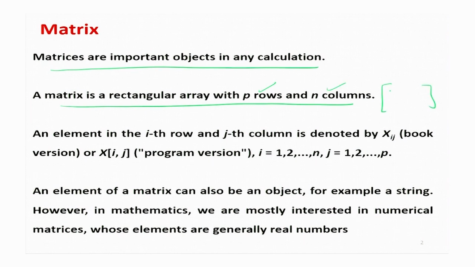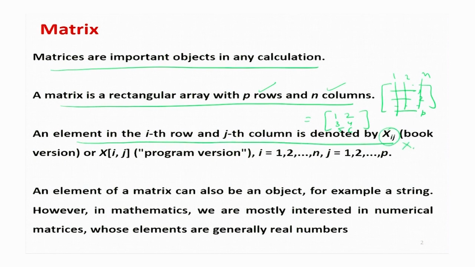There are rows here, 1, 2 up to 3 rows, and then there are columns 1, 2, etc. up to n columns, and the data is arranged like 1, 2, 3, 4, 5, 6 and so on. Now the values inside this matrix are the elements of this matrix, and an element in the ith row and the jth column is denoted by, say, xij, x with the subscript ij.